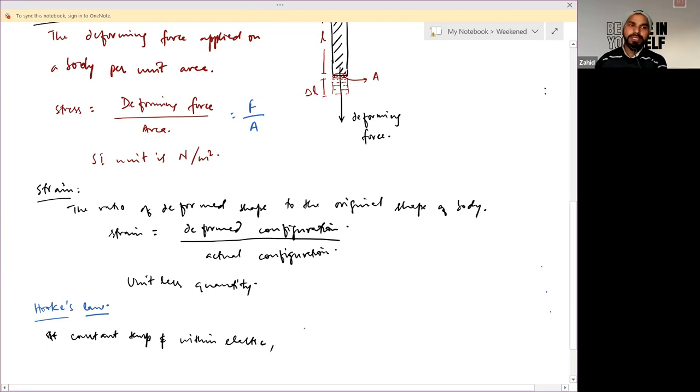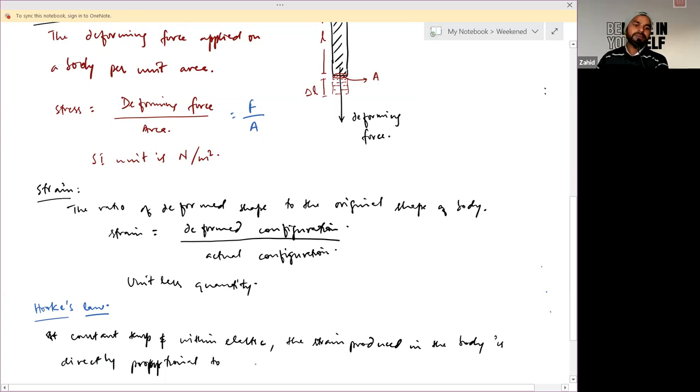The more you apply the stress, the more deformation will be produced or the more strain will develop in that object.